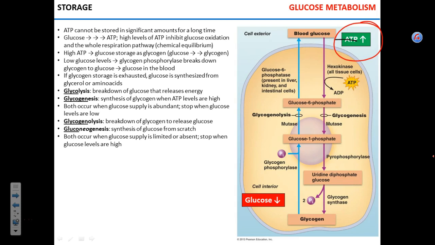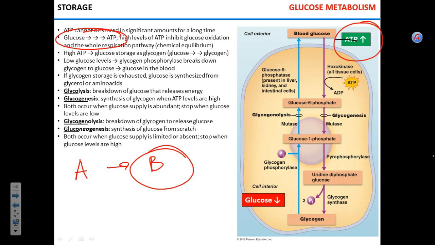Now, we can pretty much say that glucose indirectly leads to ATP. If you remember chemistry, you have a reaction, like A is converted to B. If you accumulate too much B, the reaction that leads to B is going to stop.